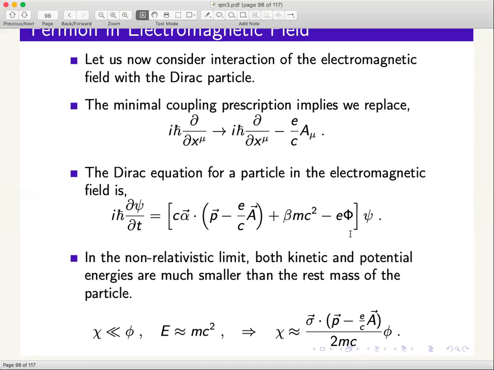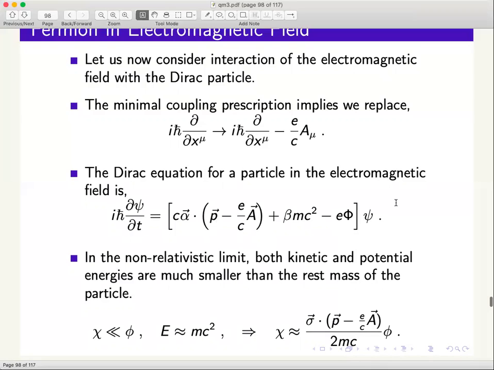We have been using phi to denote the Coulomb potential, and I plan to eventually use the Coulomb potential as the zeroth component of the gauge field. But you may want to use something else, and in that case you may just write down A0 there. And then the spatial component would be replaced: p vector is replaced by p vector minus e by c times A vector. Everything else should remain the same.